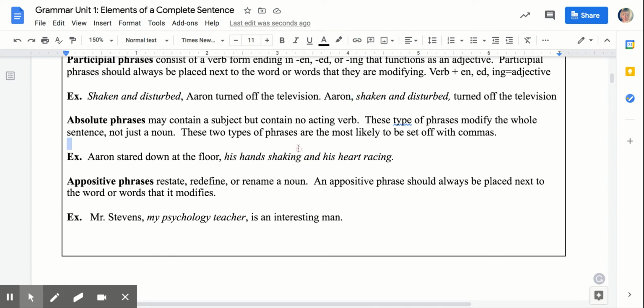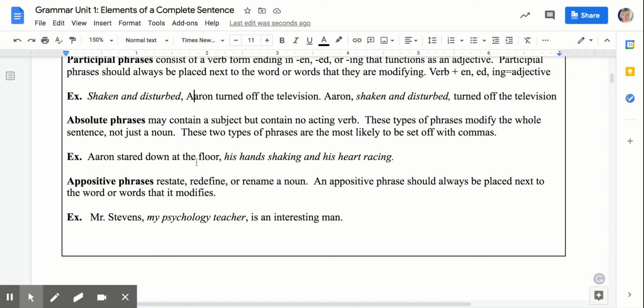Let's take a look at absolute phrases. Absolute phrases may contain a subject, but there is no verb. No verb. And this is where you kind of have to think a little bit more. These types of phrases modify, remember, modify means more, the whole sentence, not just the noun. So in a participial phrase, we're getting information just about the noun, but in an absolute phrase, we're getting information about the sentence as a whole.